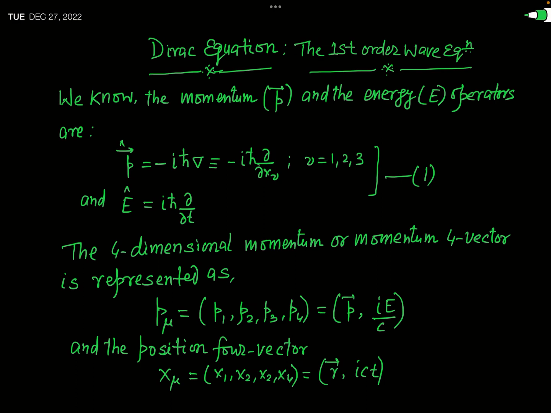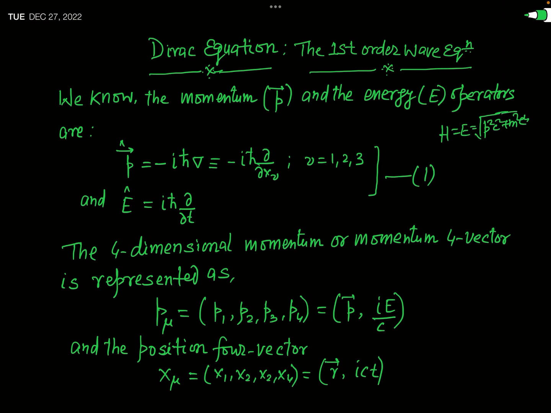You have seen that the expression for the relativistic Hamiltonian is given by H equal to E, which is equal to the square root of p squared c squared plus m squared c to the fourth.